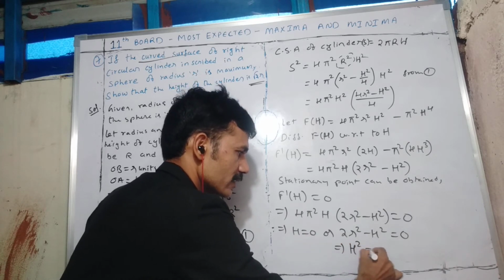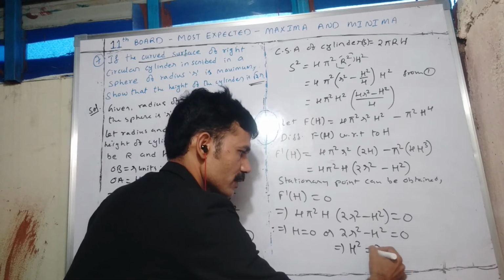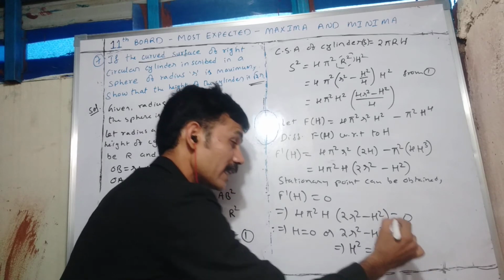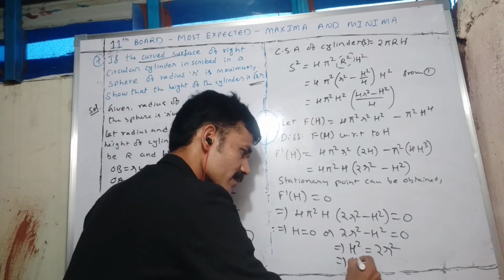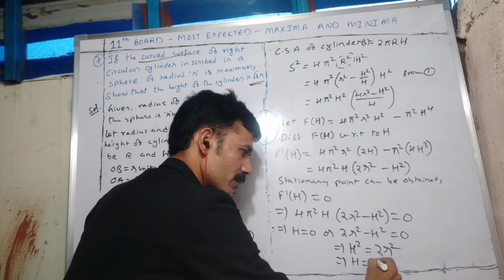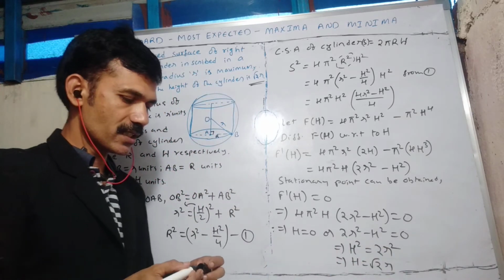Here h² equals how much? Transposing minus h² to that side gives plus h². h² will be equal to 2r². Then what will be h? Under root of 2 times r, no? This is the stationary point.